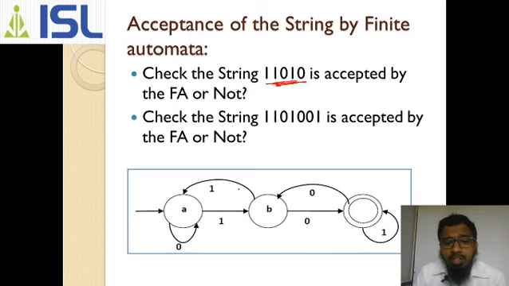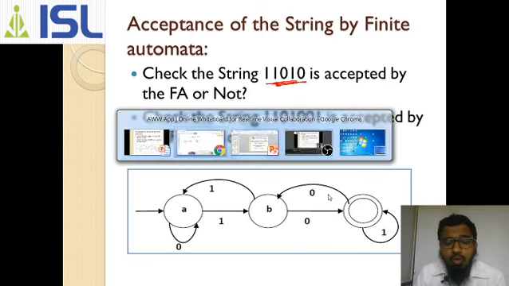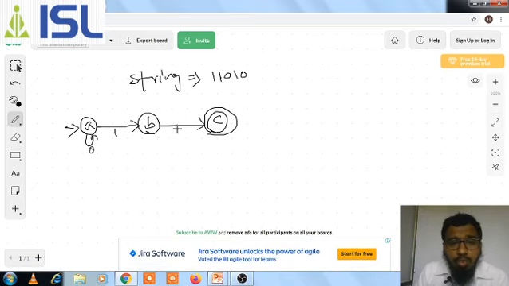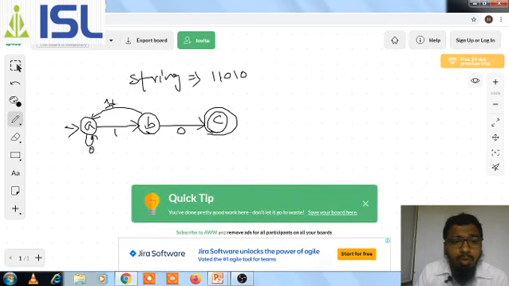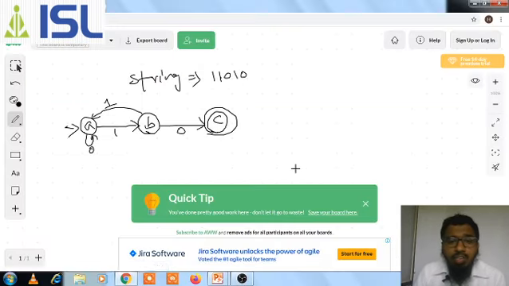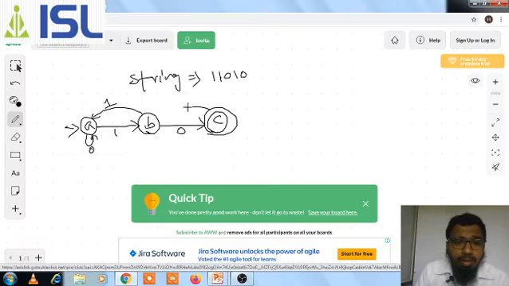B is going 1 here and 0 there. From B, if it is 0, it is going to C. If it is 1, it is coming back to B. Okay, C. If it is 1 here, 0 is going back, and if it is 1.